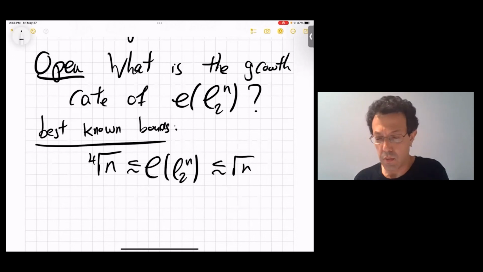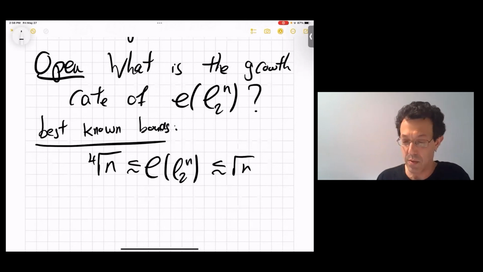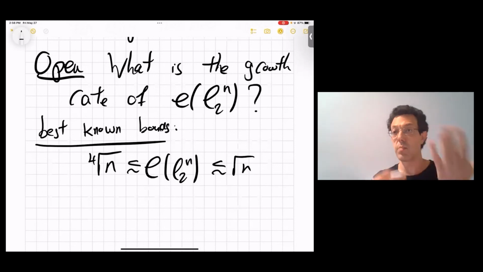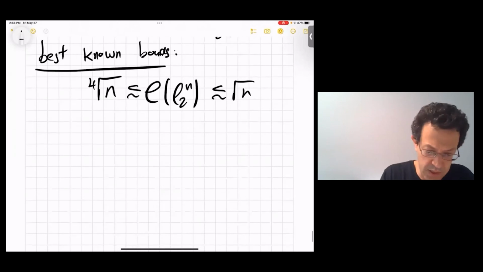Now just to tell you what the enemy is, it wasn't completely clear what we are shooting for if you want to understand this up to lower order factors. So here's a theorem in the same paper.